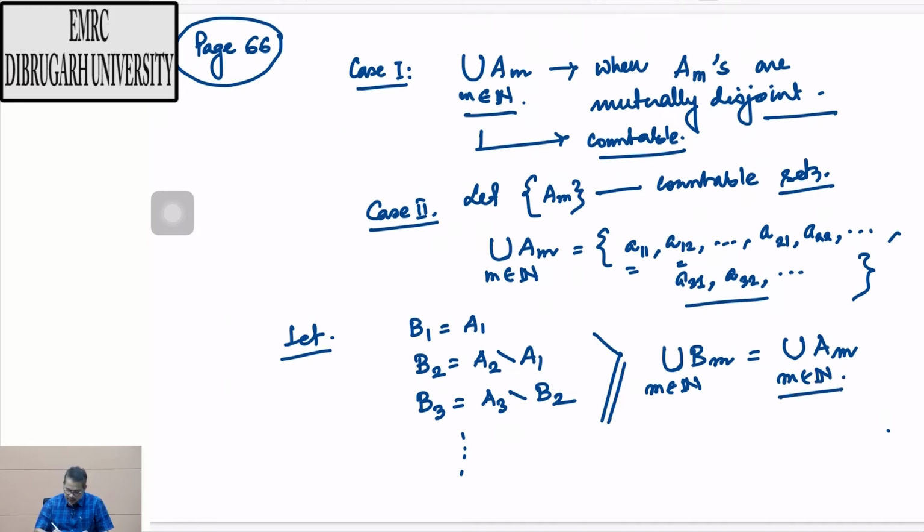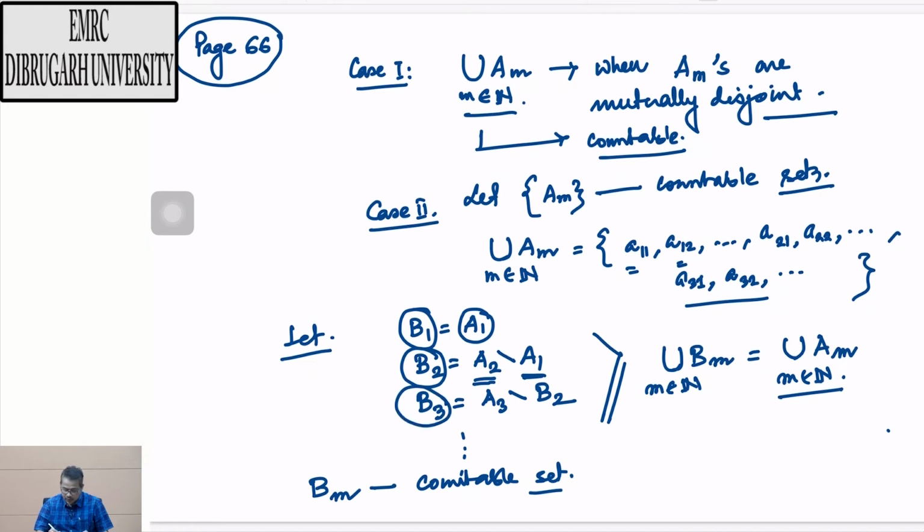But now you can see each B_m is a countable set. Why? Because A1 is countable, therefore B1 is countable; A2 and A1 are countable, so B2 is definitely countable, being the difference of one set from the other. Then A3 minus B2, both of them are countable, so their difference is also countable, and so forth.